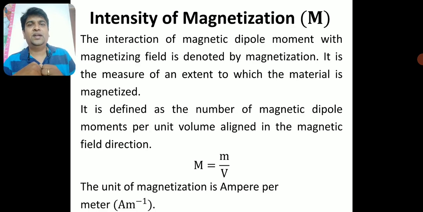When you apply a magnetic field, each atomic or molecular dipole starts orienting in the direction of the magnetic field.